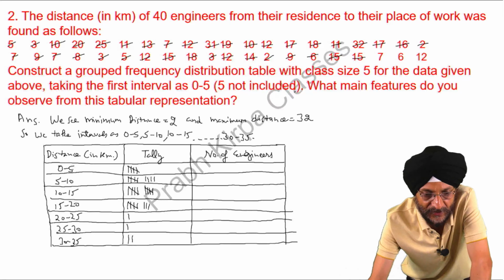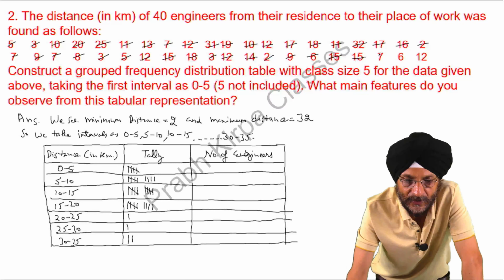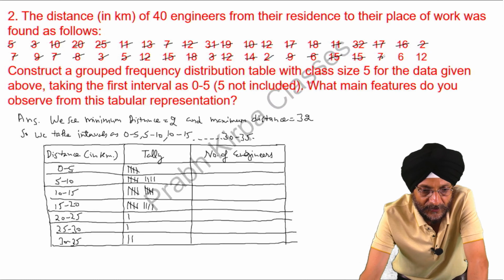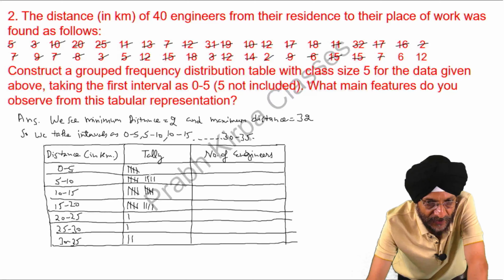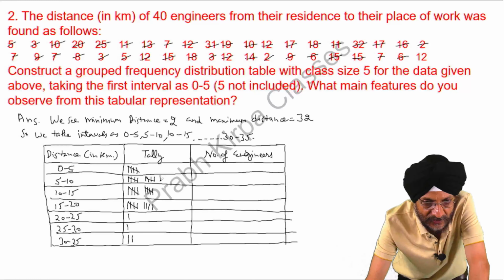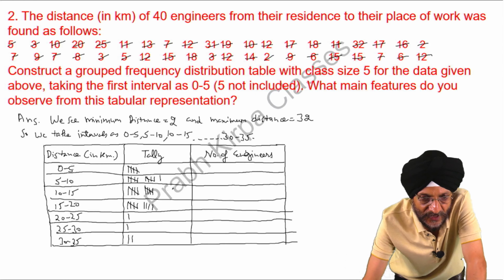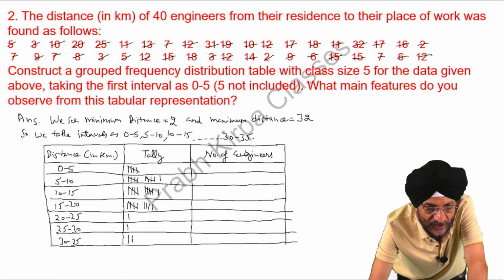Again it is 15, again 15 to 20. 7, 5 to 10. 6 will be again this. And 12 will be here.